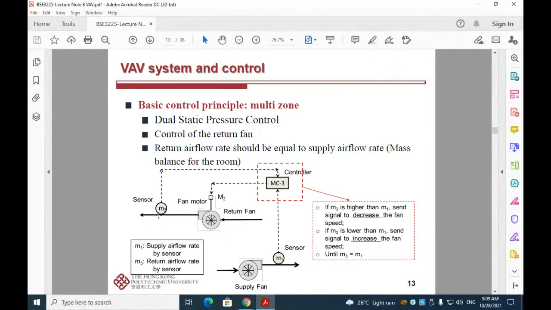If the return fan flow rate is lower than the supply airflow rate, then the controller will send a signal to the return fan motor to increase the fan speed until the measured supply airflow rate and the return airflow rate are equal to each other.